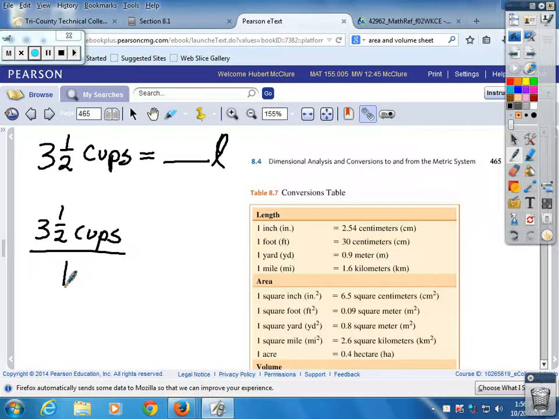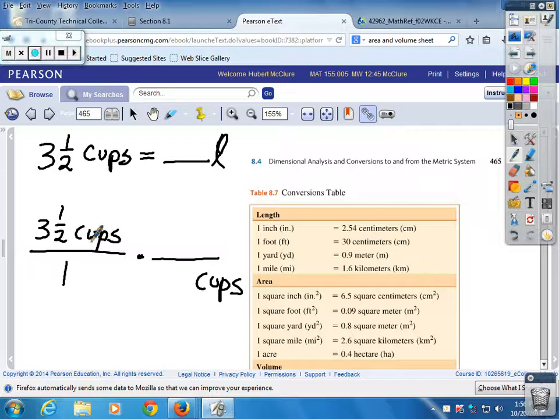Okay, so now we've got to set up to where cups will go out. So where does cups need to be, on the top or the bottom? On the bottom, because we cancel diagonally. Now we go to our handy dandy chart. Is it length, weight, or capacity?